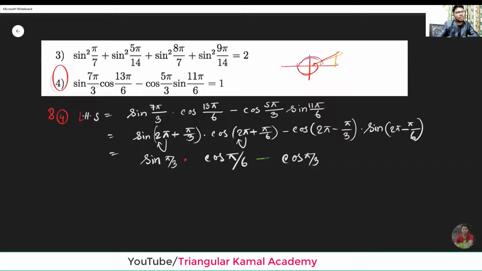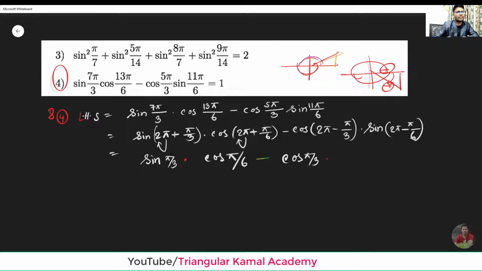Now 2 pi minus something, twice pi minus something, that means the fourth quadrant. In the fourth quadrant cos is positive, adjacent is positive and hypotenuse is positive, so no change.